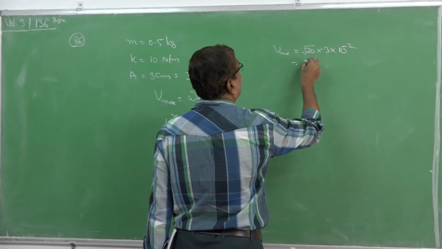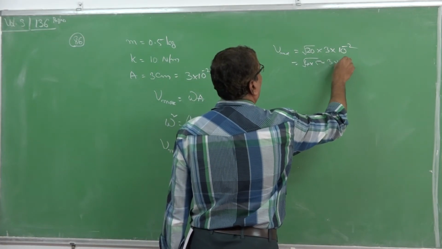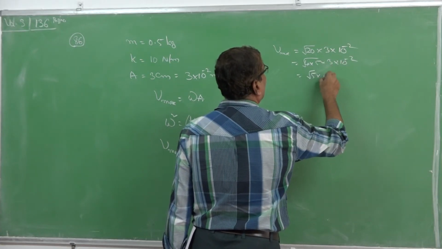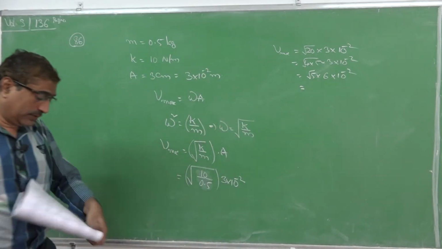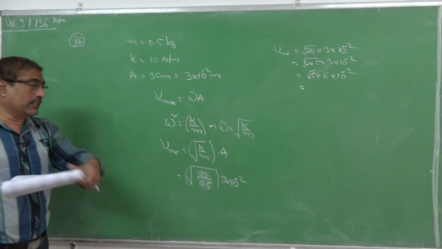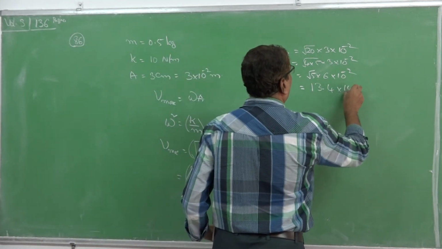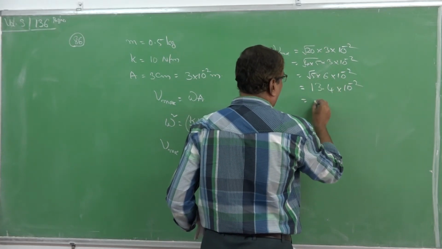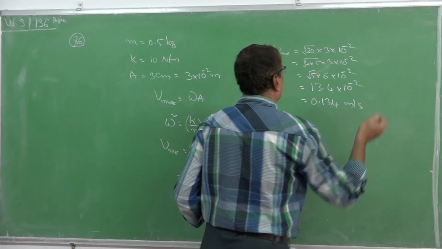Root 20 we can write as 2 into root 5, so that is root 5 into 6 into 10 power minus 2, and this is approximately 13.4 into 10 power minus 2, which is 0.134 meter per second.